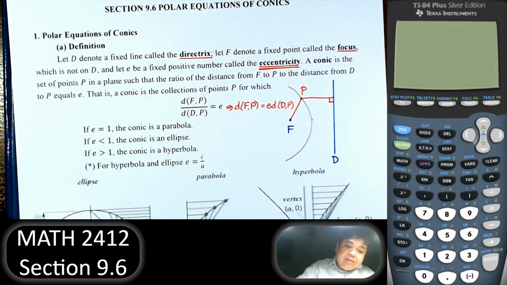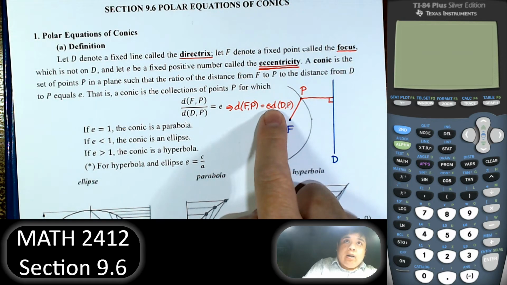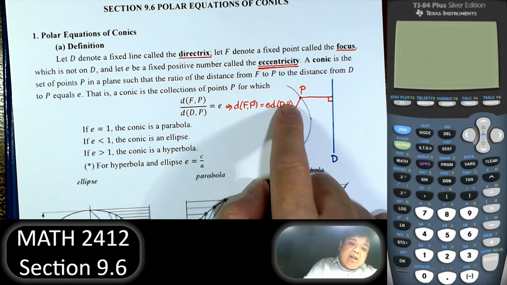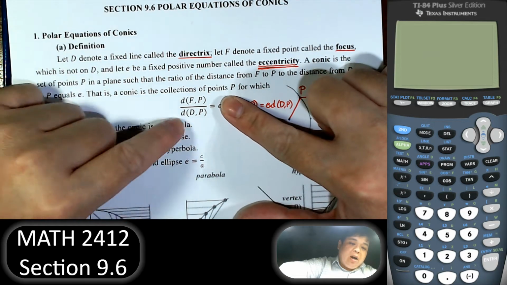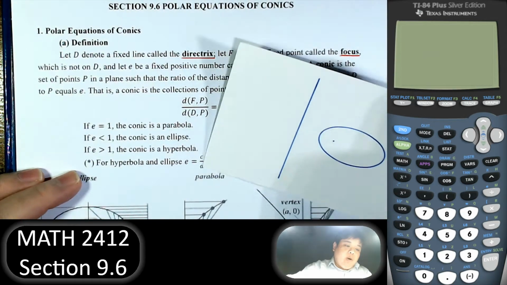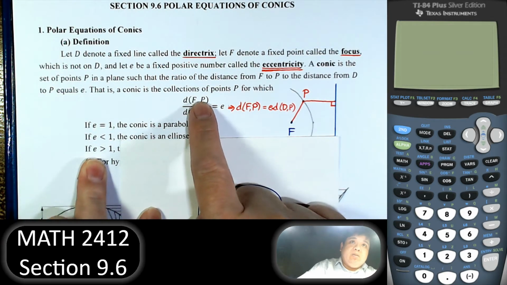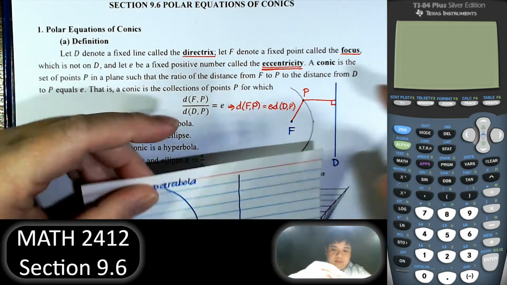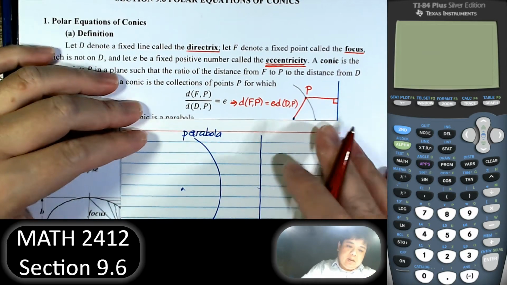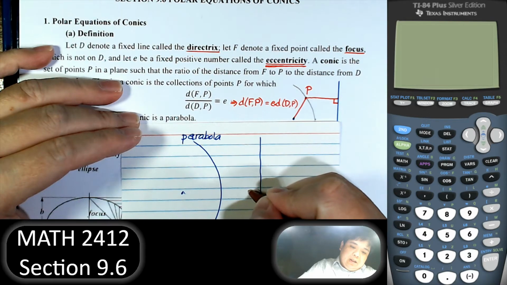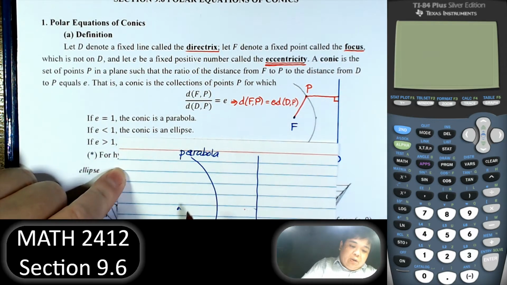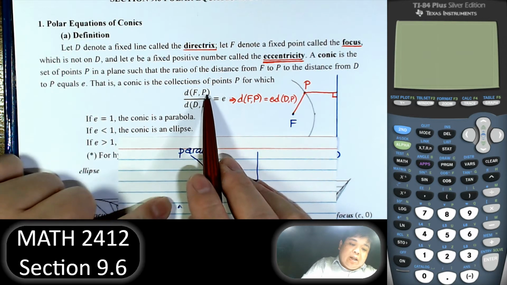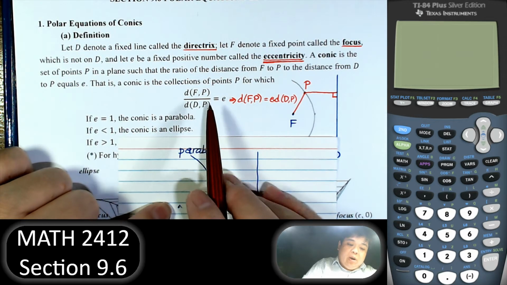Now, if e is bigger than 1, meaning the distance from the focus to the point is bigger than the distance from the point to the directrix.